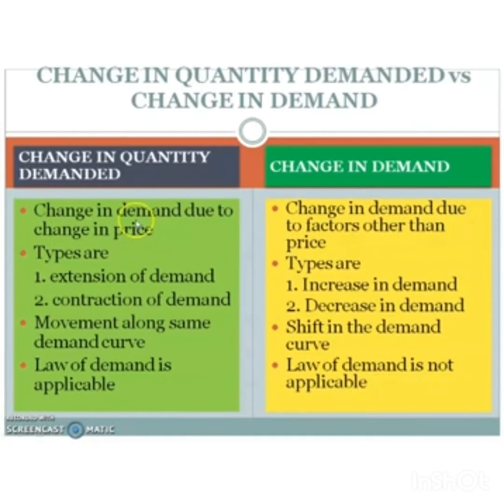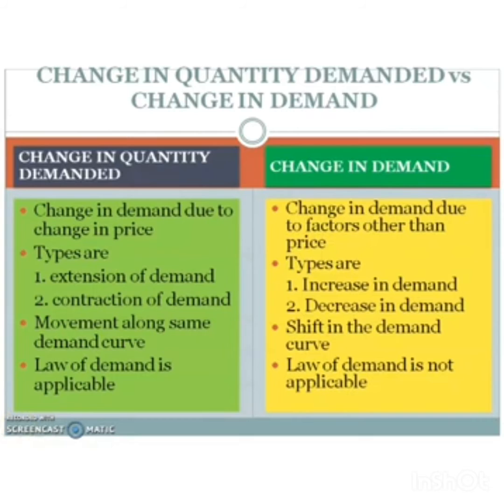So, change in quantity demanded. Change in quantity demanded means change in demand due to change in price. That is known as change in quantity demanded. At the same time, change in demand means the change in demand due to factors other than price.